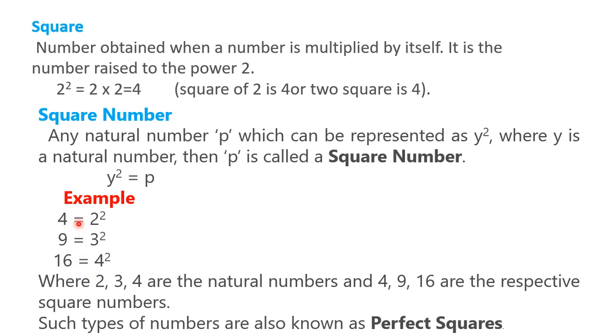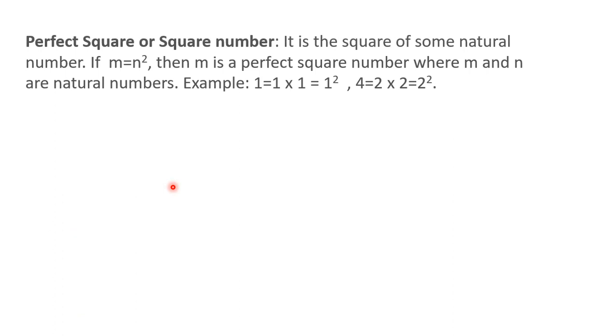Now such types of numbers, that is 4, 9, 16 and so on, are known as perfect squares. So let's define a perfect square, or we can say a square number. It is the square of some natural number.